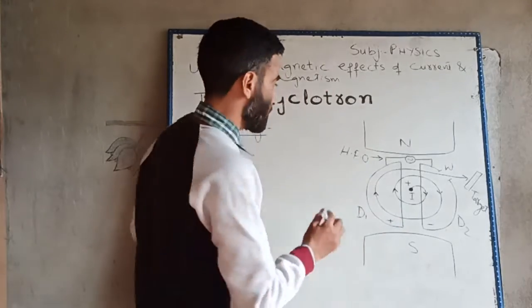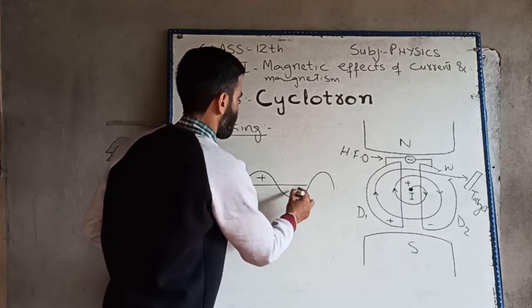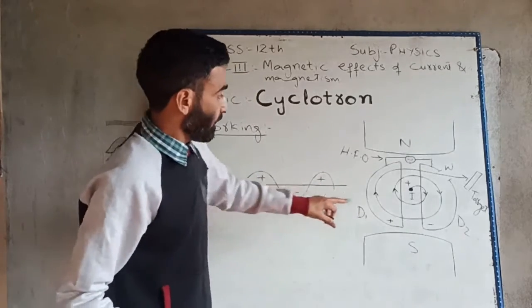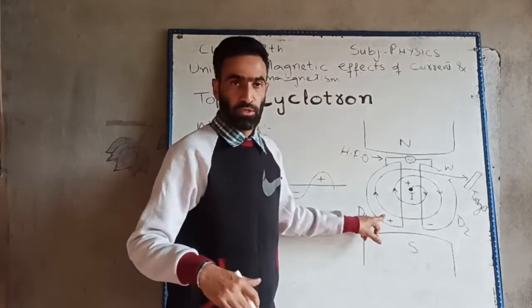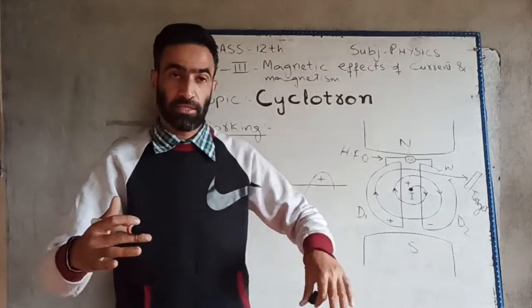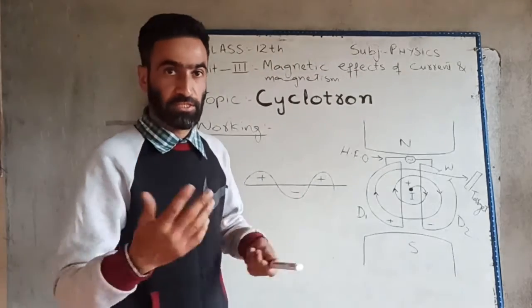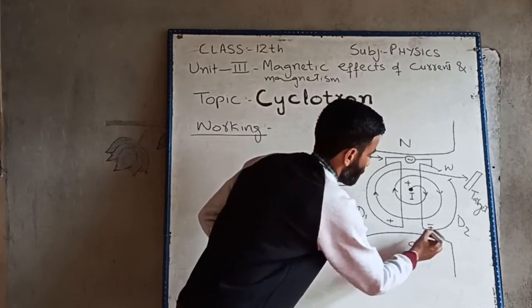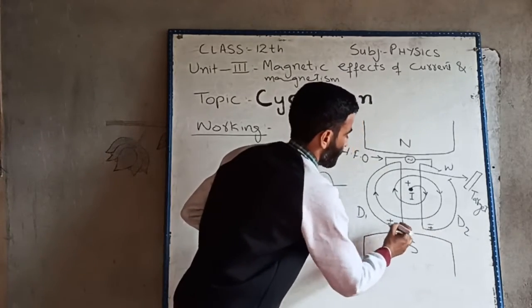Oscillating means alternating: positive in the first half and negative, then the alternating current changes direction, so in the next half this becomes positive and that becomes negative, and after that again it reverses.